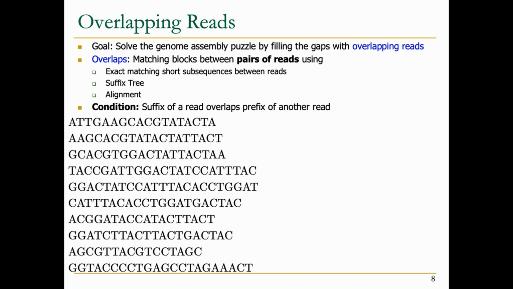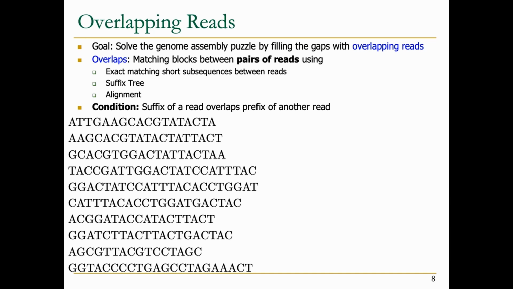There's a very strict condition when identifying overlaps, which is that the suffix of a read overlaps the prefix of another read, meaning that if two reads are overlapping, one of them shouldn't be fully contained within the other, because we want to extend our knowledge with overlapping reads.